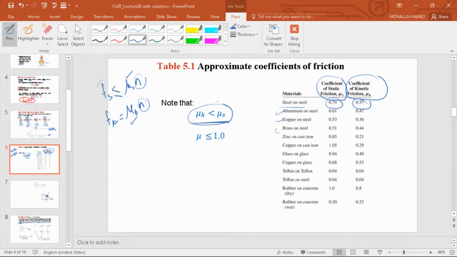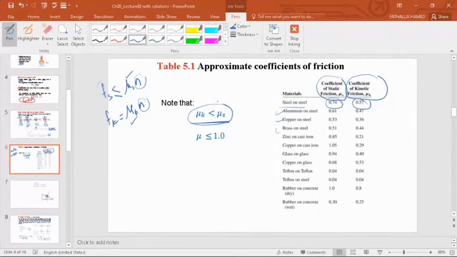Now, if you're given an assignment where you have to solve problems and you have time to do that, sometimes they may not give you the coefficient of static friction or kinetic friction, but if they tell you the type of the material, then you can look in this table or different tables where you can extract the coefficient of static friction or kinetic friction.